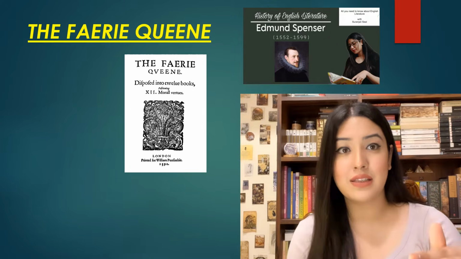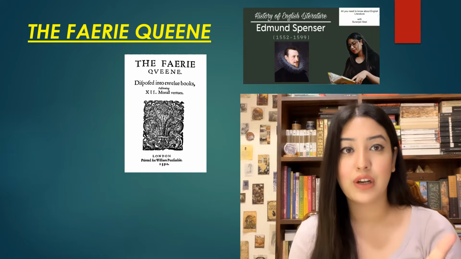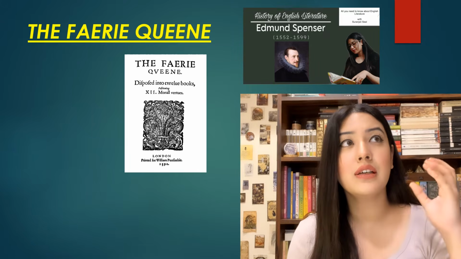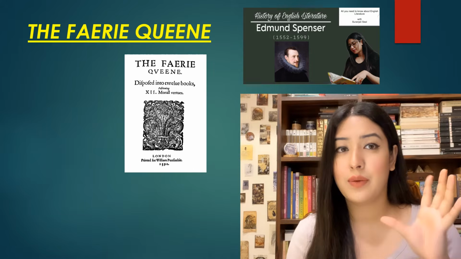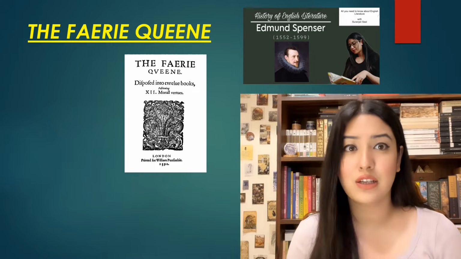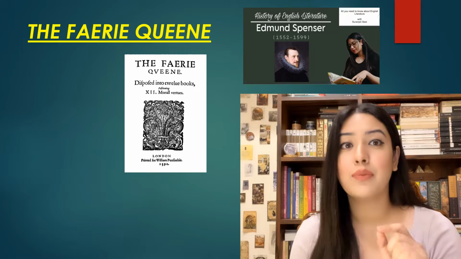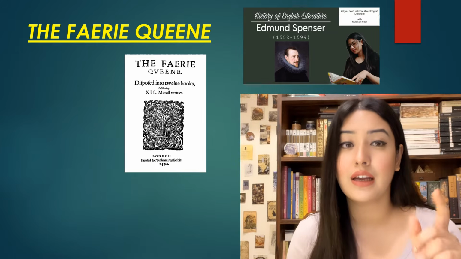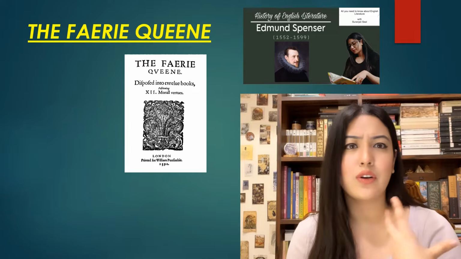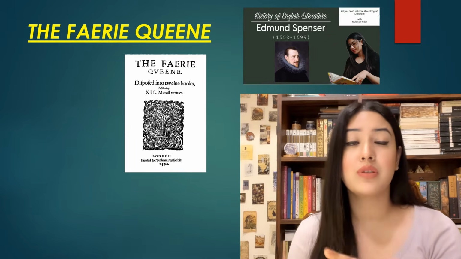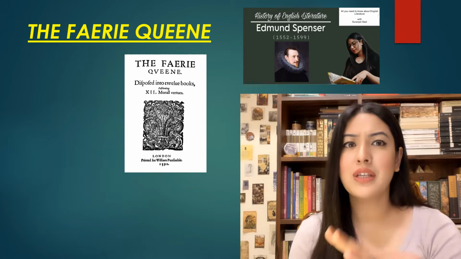In that video on his life and his works, I have covered a considerable amount of information and the basics that you need to know about his life and his works, and I have also mentioned important information regarding the Faerie Queene, regarding the date of its publication, its name, what inspired him, which book it was modeled upon, and so on.